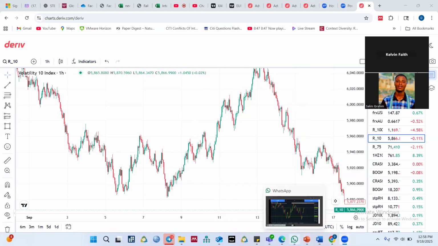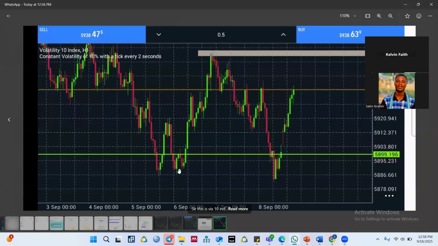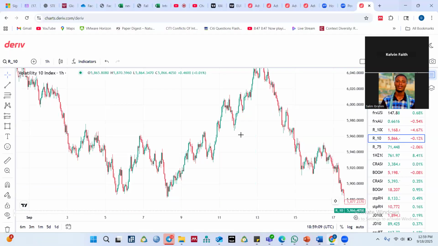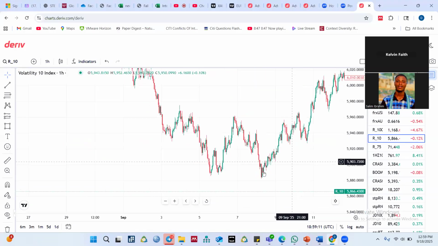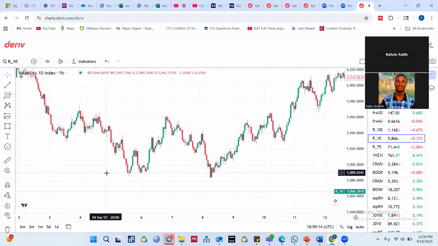So your question is that after clearing this low, it went up, and then clearing this high there, you were expecting to sell. Yeah, like the retest from that resistance there and sell. Okay, so let me see that place.